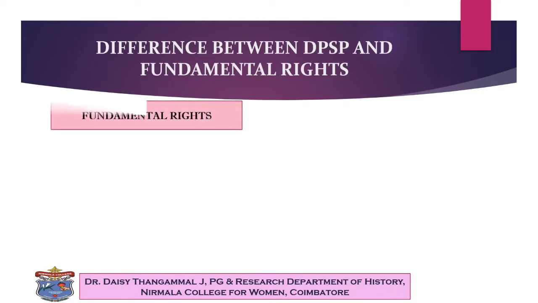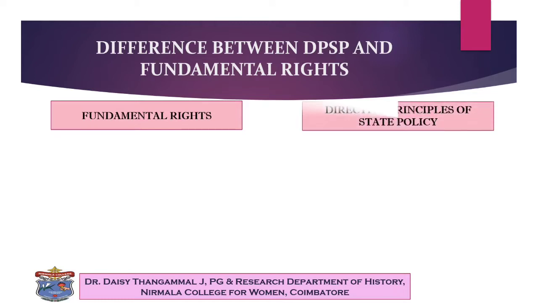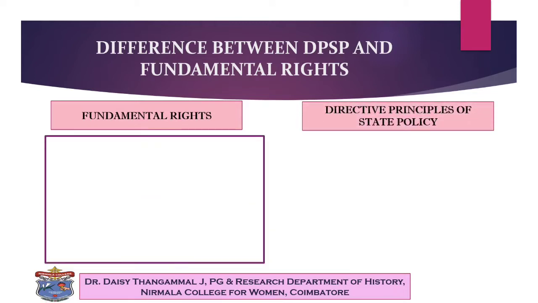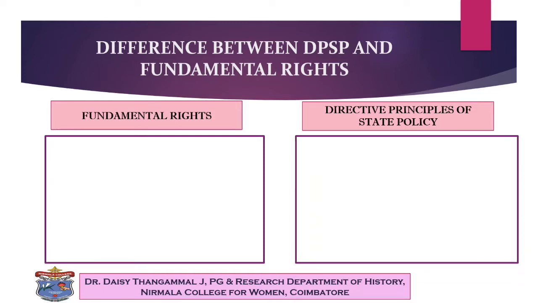Now we'll see about the difference between Directive Principles of State Policy and the fundamental rights. The fundamental rights and the Directive Principles are the cornerstone of the Indian Constitution, so together they make the Indian democracy successful. Fundamental rights are justiciable in nature, and the Directive Principles are non-justiciable in nature.